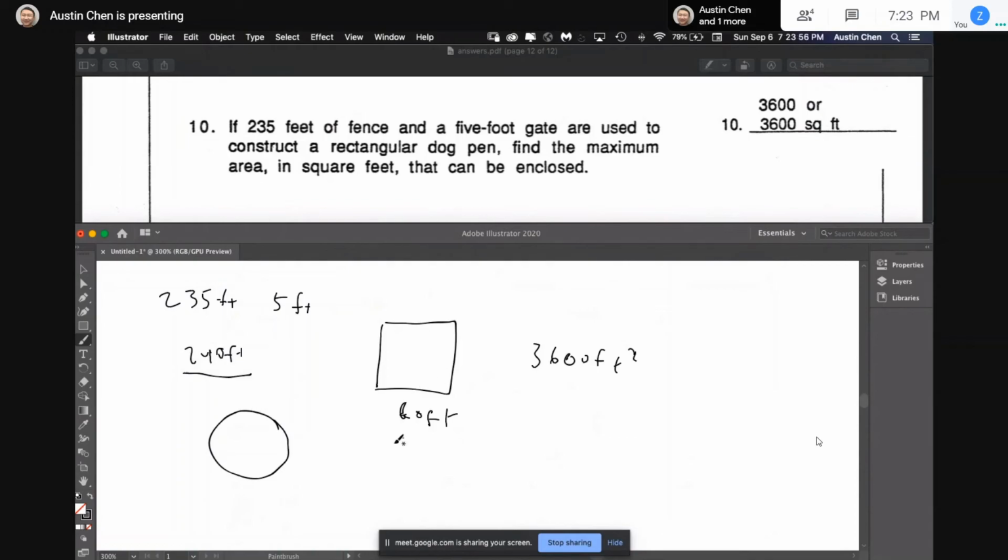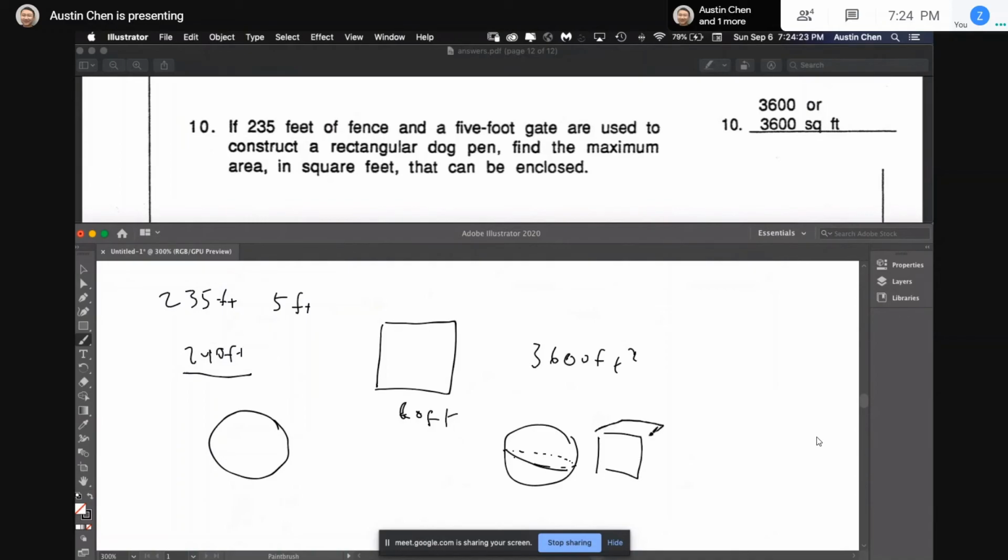And in 3D, if you had a set amount of surface area, and you wanted to enclose the most amount of volume, then you would use a sphere. And if it said that you had to use a rectangular prism, then use a cube.